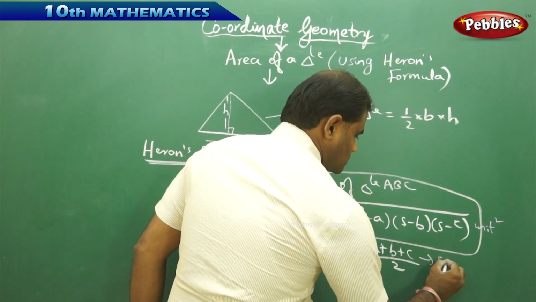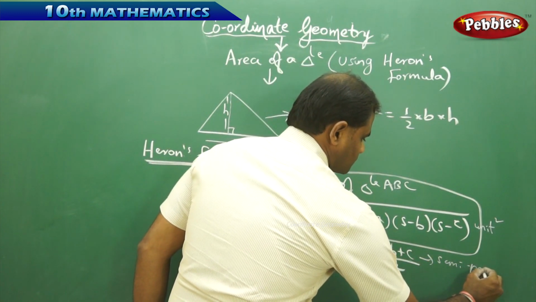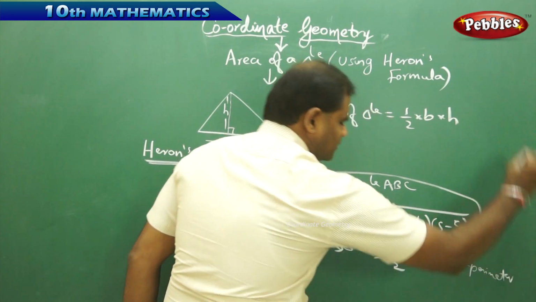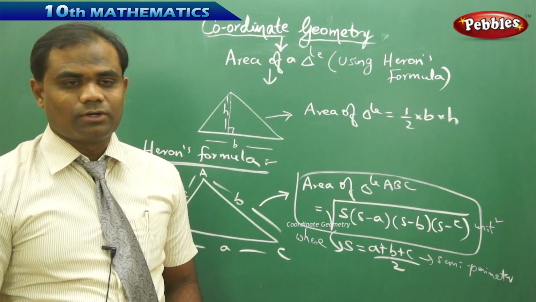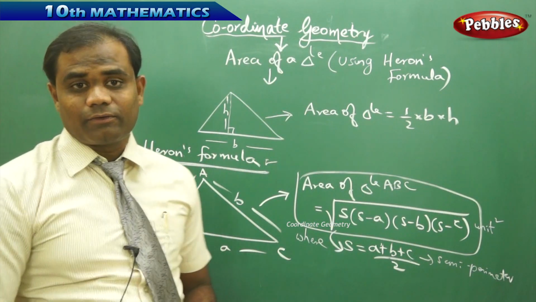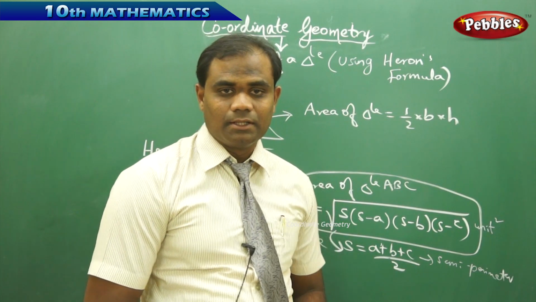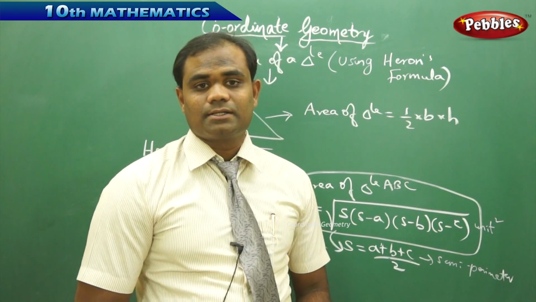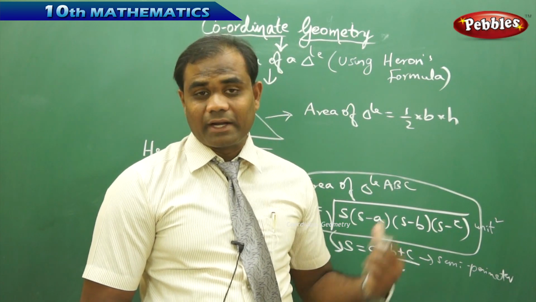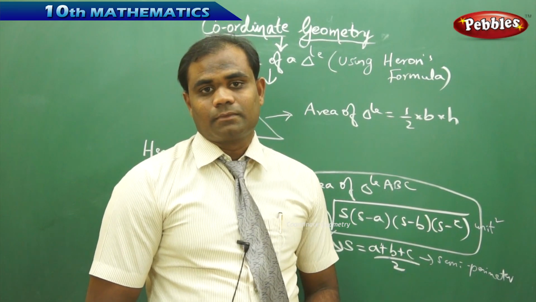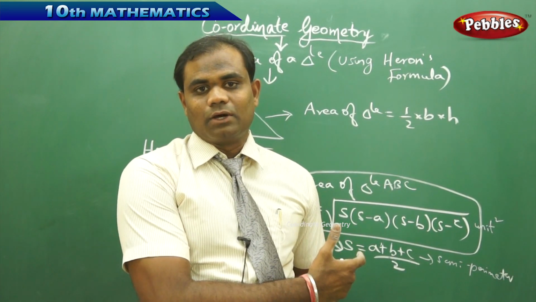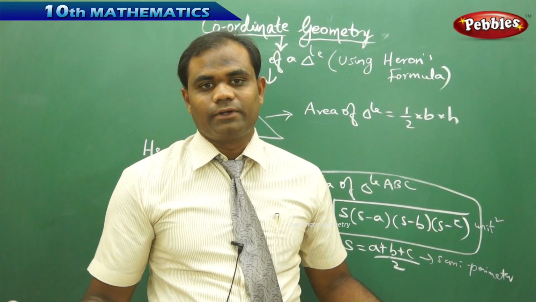It is called the semi-perimeter of triangle ABC because it is half of the perimeter of the triangle, which is A plus B plus C. So S is defined as the semi-perimeter of triangle ABC. That is Heron's formula, without the height of the triangle given.